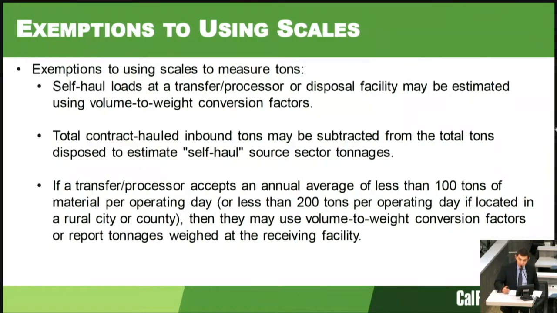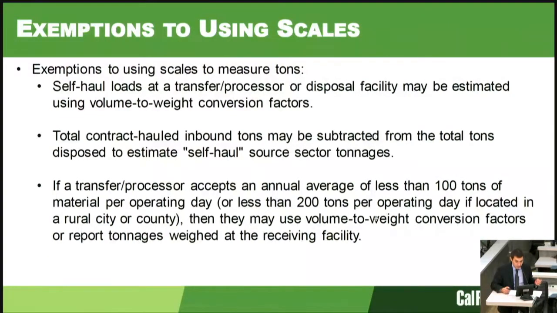If a transfer processor is a small volume, in the sense that they accept an annual average of less than 100 tons of material per operating day, or less than 200 tons if located in a rural city or county. A rural city or county is defined in sections 40183 and 40184 of the PRC.